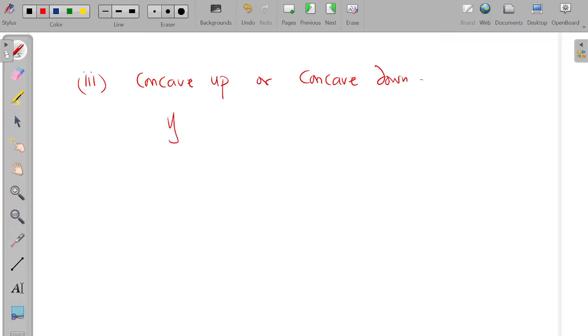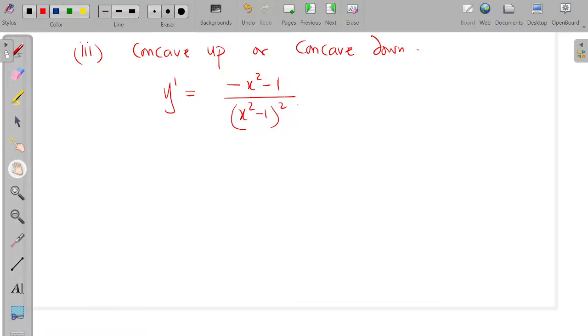The first derivative we have is this one, x squared minus 1 all over x squared minus 1 squared. That's our first derivative. So let's find the second derivative of this.